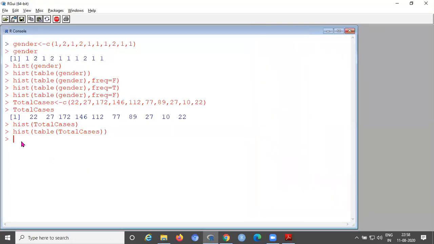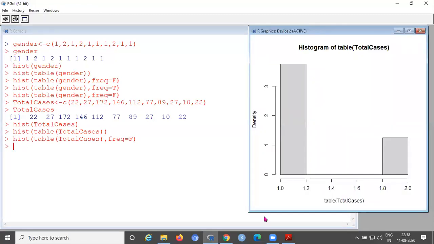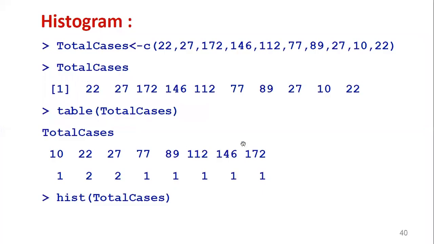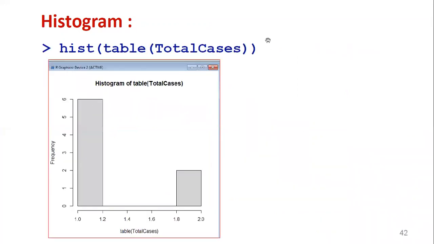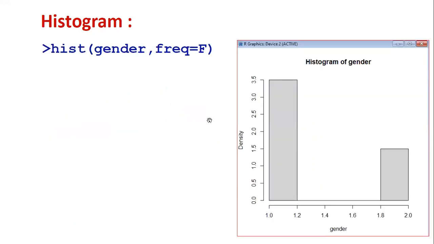Then if you want relative frequency, here you can use freq equal to FALSE. Now see the difference from the previous one. Like that, we will generate histograms for our own data set also. This is based on absolute frequency. This is relative frequency, whenever you make freq as FALSE.